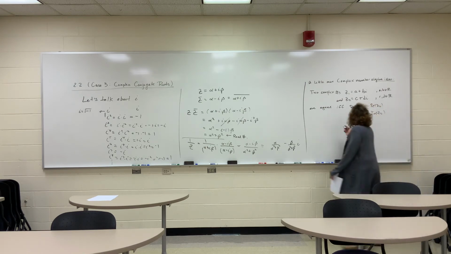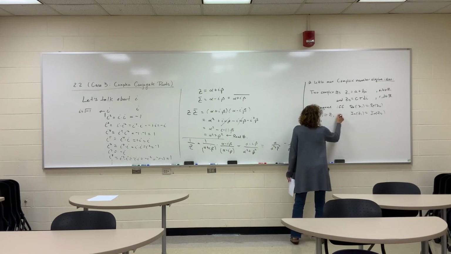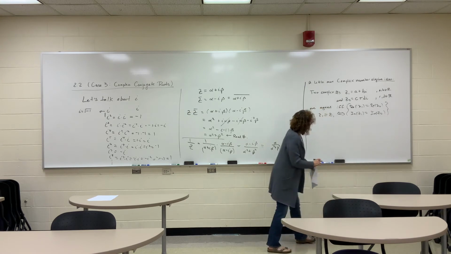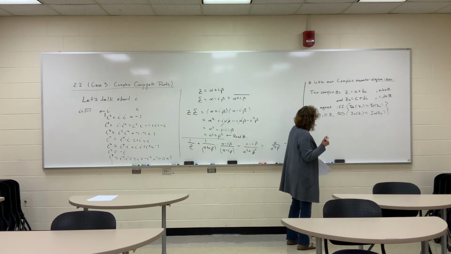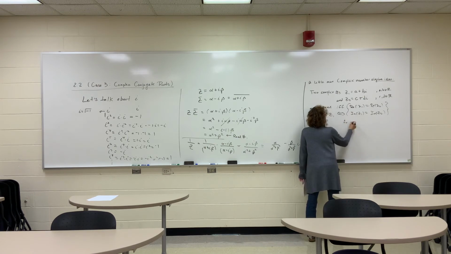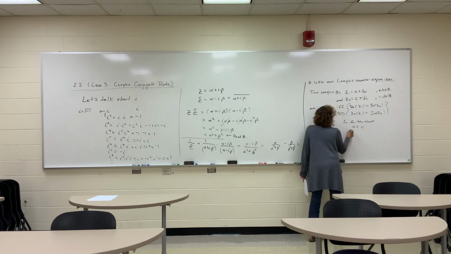So Z1 equals Z2 if and only if this. The only way those two are equal is if A is equal to C, and B has to equal D.